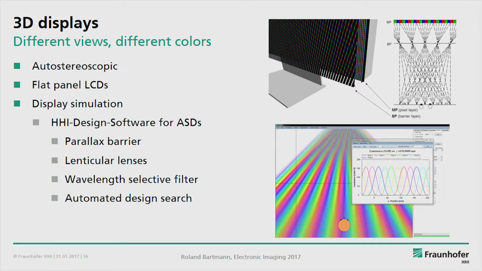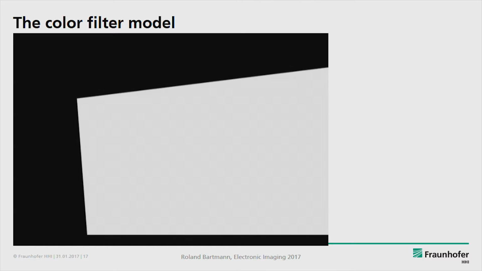Of course, with this simulation software, we can model different barriers, parallax barriers, and also lenticular ones for this prototype I showed you before, and the wavelength-selective one I talk about here. And an important thing is we have some implementation of automatic design search, so we can input a range of parameters, and then the software will search for the best solution by itself.